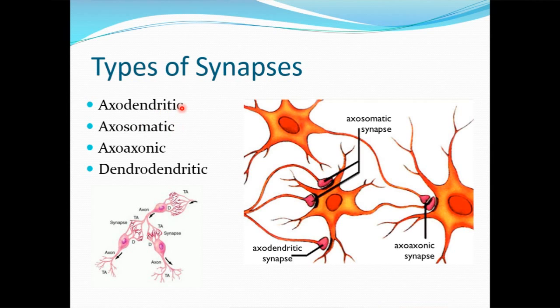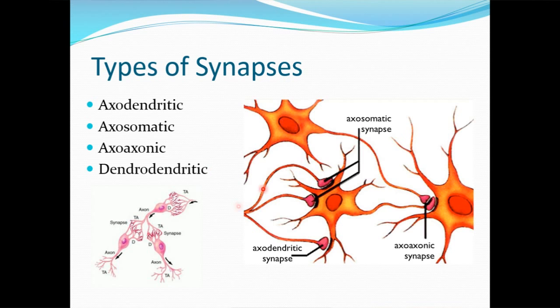Your axodendritic, which is between the axon and the dendrite. Your axosomatic, which is between the axon and the soma, the cell body. The axoaxonic, which is between an axon and an axon. And a dendrodendritic, between a dendrite and a dendrite. That's fairly easy to remember if you just understand the terminology.